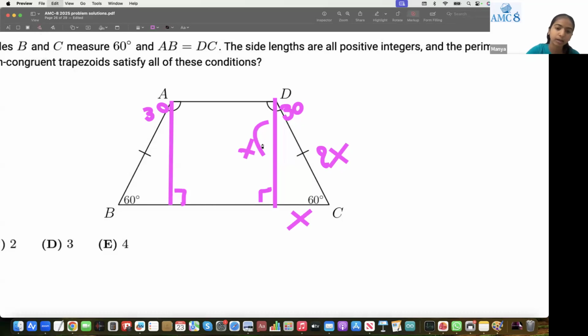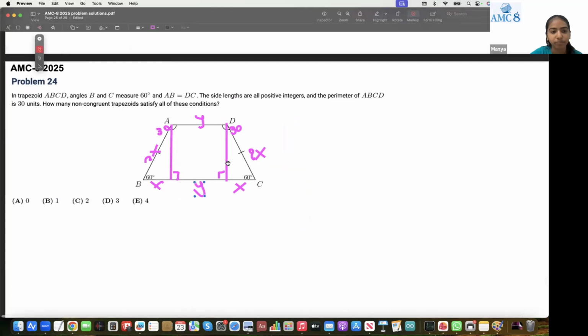Okay, but we don't really care about that for now. This one would also be the same thing over here: x, 2x, the same thing. But this one would be y. These are just like random variables, okay? But it's in this kind of ratio too.